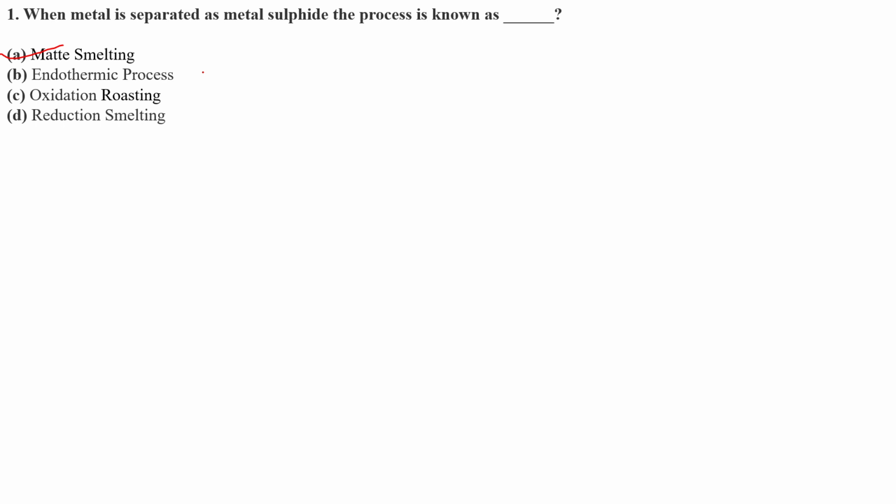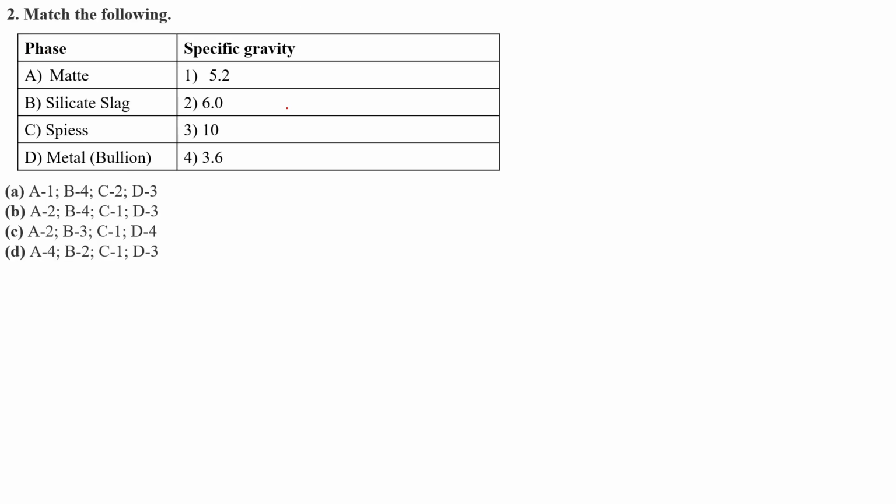Then oxidation roasting is generally used for the conversion of metal sulfides to higher metal sulfates, and sometimes we use it for the conversion of iron sulfides to iron oxides in the copper ore itself, so that it can get reported into the slag phase during the metal smelting operations. Then there is reduction smelting. The common example is the blast furnace process for the production of pig iron.